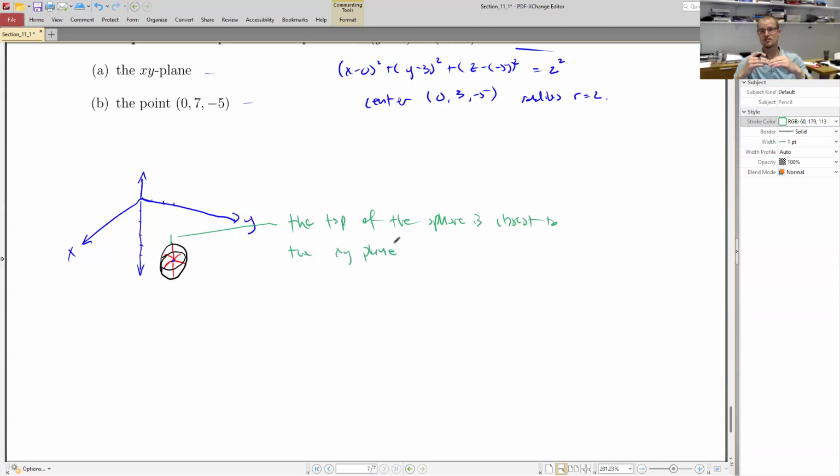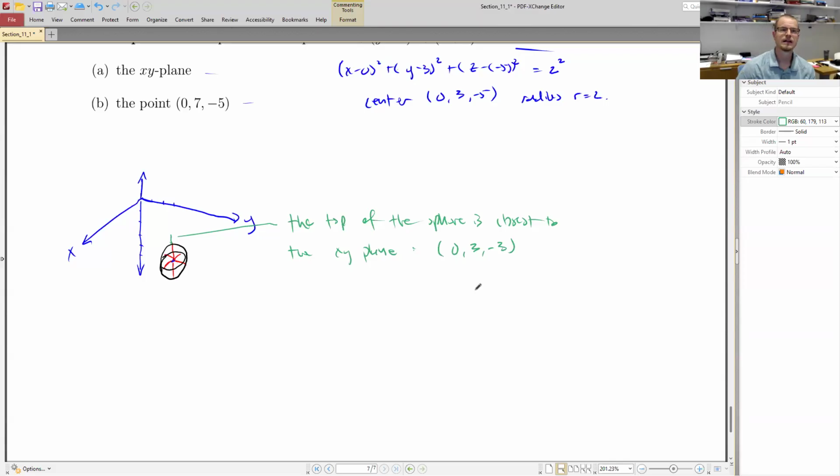Now, because I know where the center is, 0, 3, -5, and I know that the radius is 2, I can simply move up 2 from the center, and that gives me the top of the sphere. So the top of the sphere is closest to the XY plane, and that would give us an X value of 0, a Y value of 3, and I'm moving up by 2 from that, so I move from a -5 up to a -3.